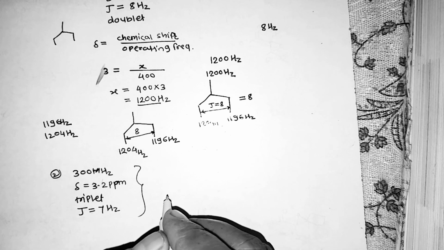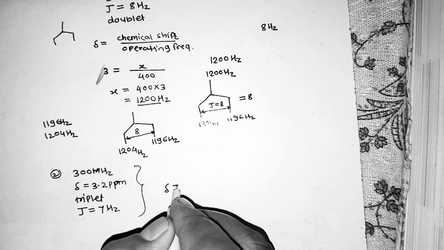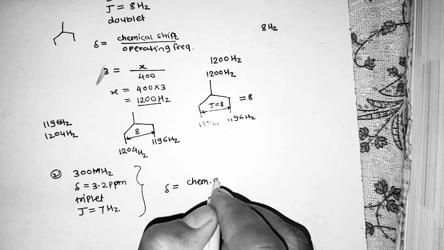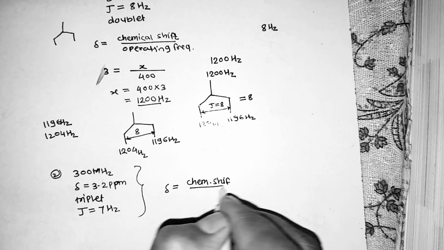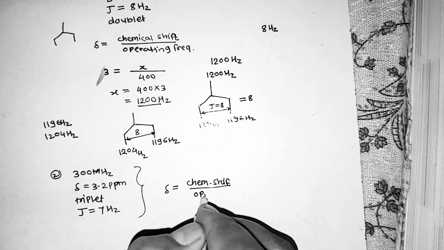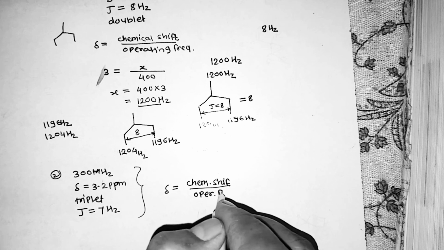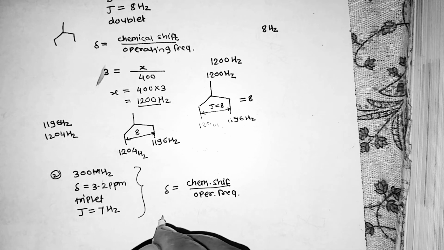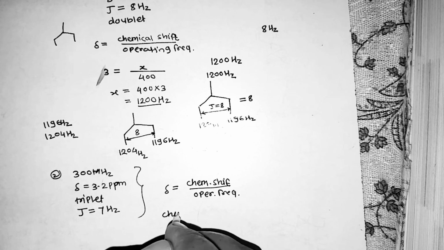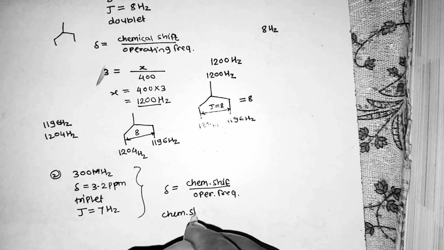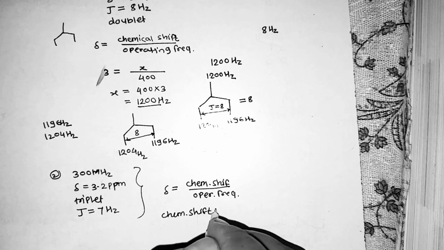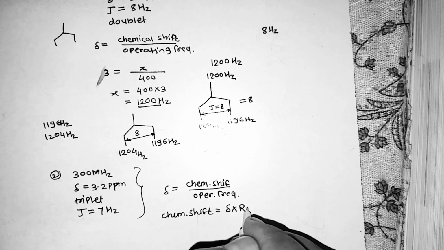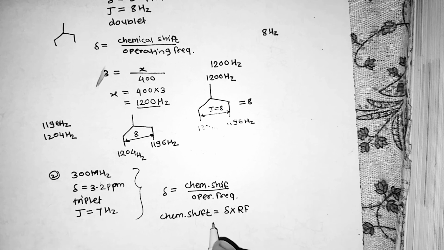Just apply the formula del is equal to chemical shift upon operating frequency. So chemical shift is equal to del into operating frequency or radio frequency.